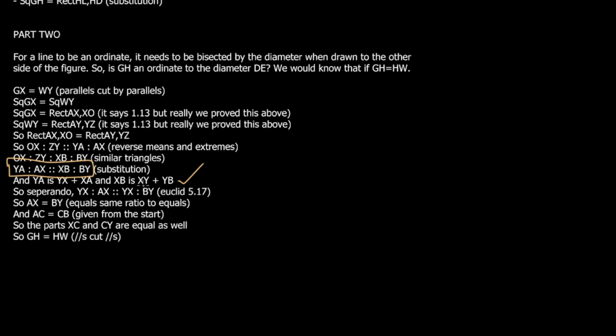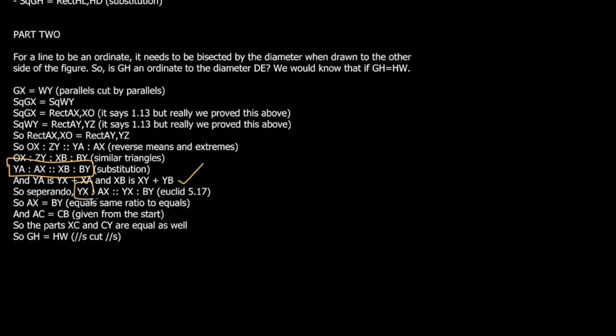I kind of wish I had a way to explain this like I do with means and extremes, but it's always like a first term minus the second one, second term minus the last one, and in this case YA minus AX is YX.